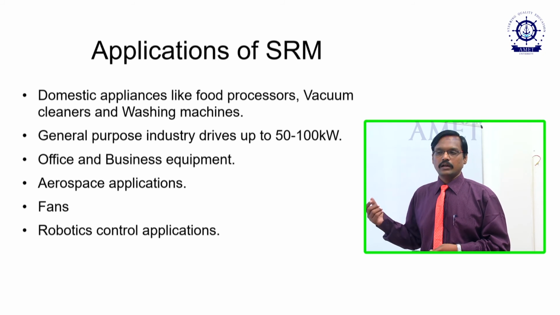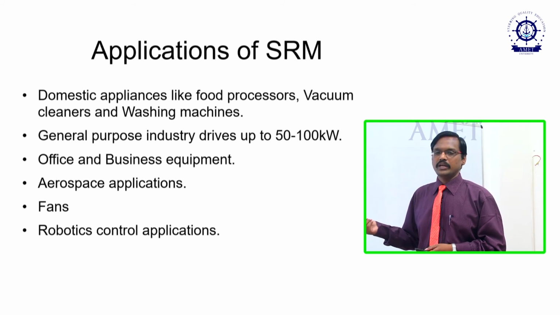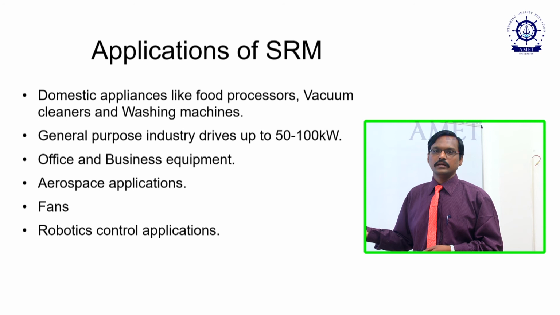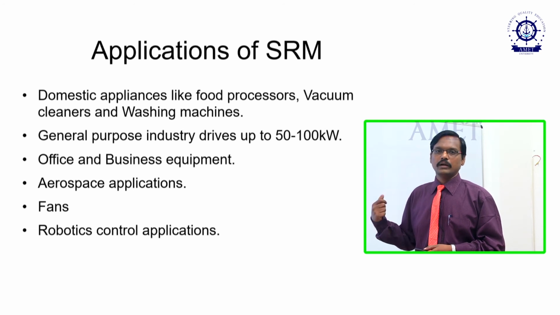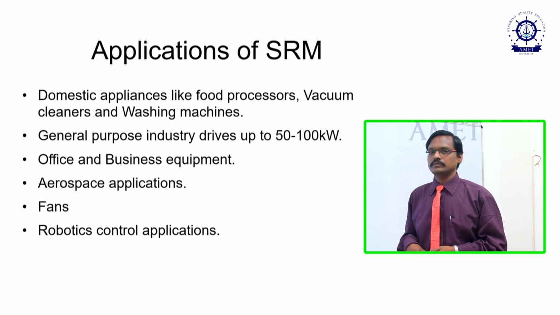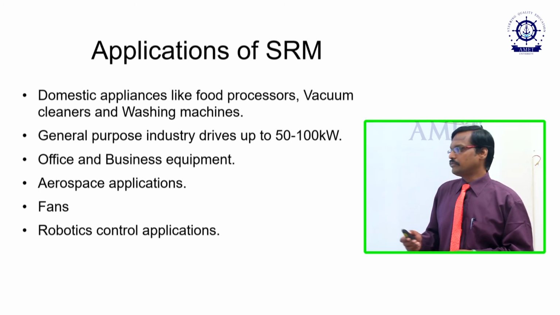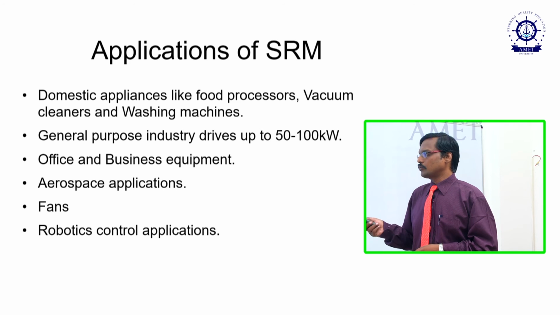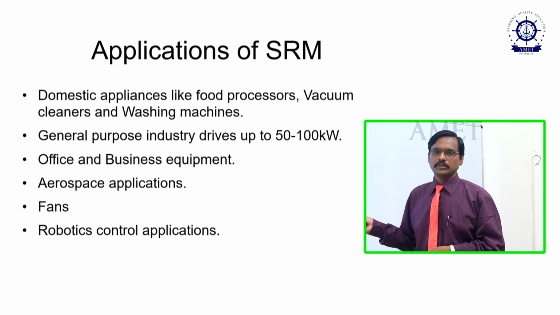We can control it very easily because we already have a controller in it. By using the control pulses of the power converter, we can easily control this SRM motor, so it is very useful for robotics and industrial automation.